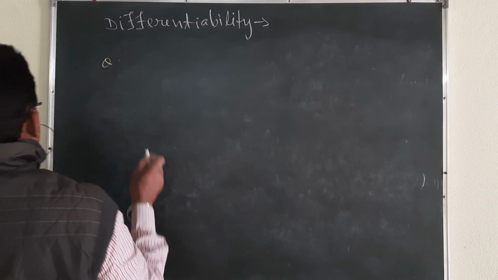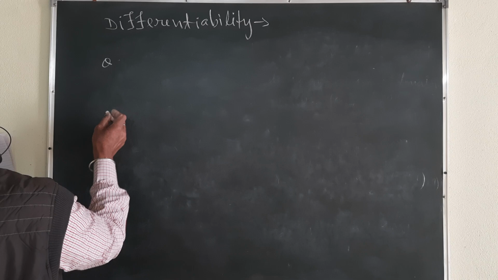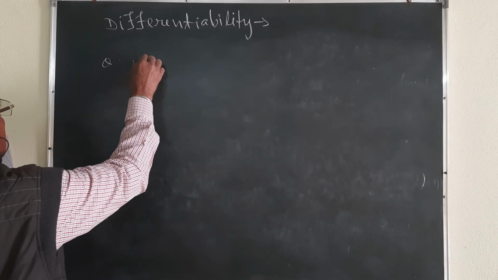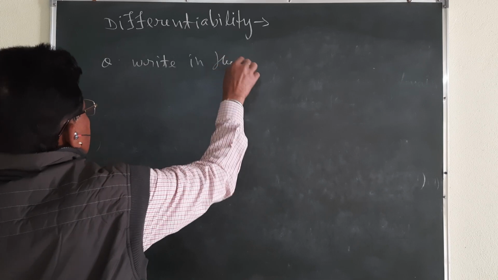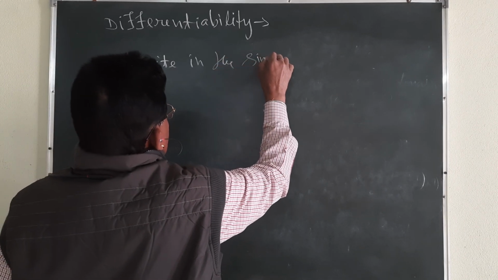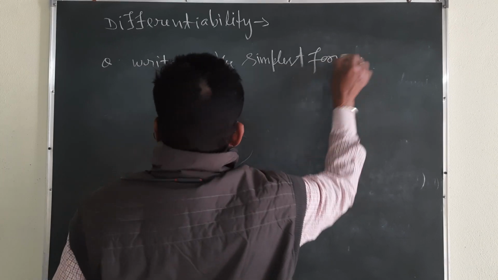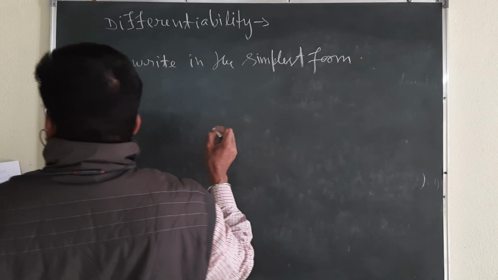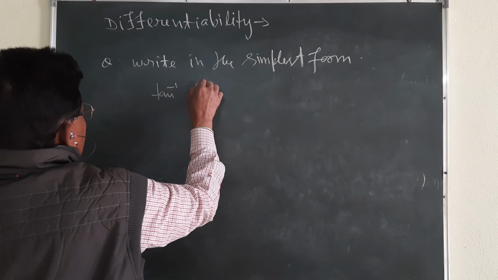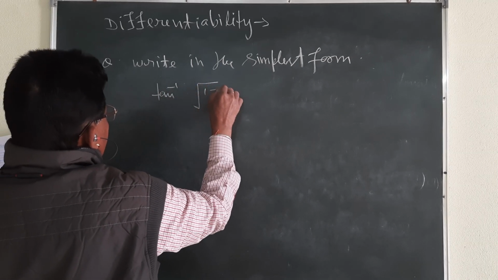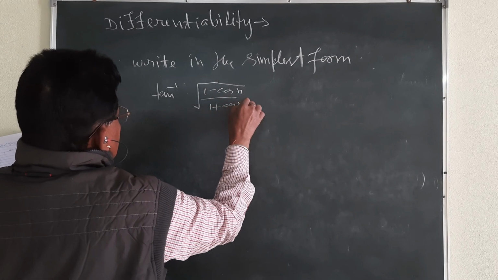Dear students, see the question. Although it is given in the inverse trigonometrical function, that is why you will cover 2 chapters, right? In the simplest form. What is the function? tan inverse of root of (1 minus cos x) upon (1 plus cos x).